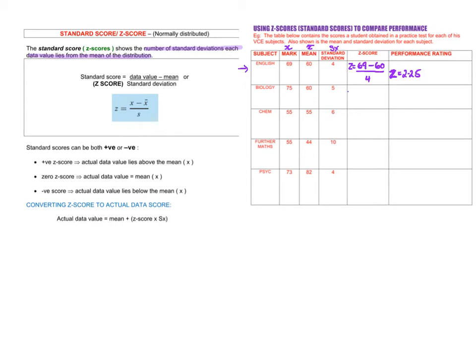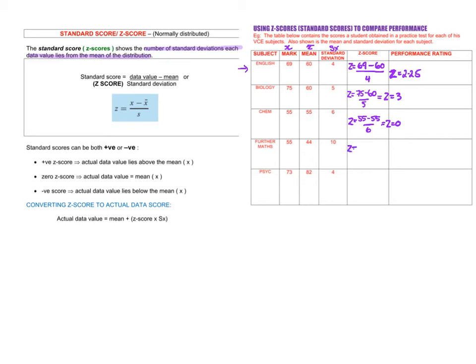So if I do the next Z-score for biology, it was 75 minus 60 divided by 5. They ended up with a Z-score of 3. The next one was 55 minus 55 over 6, which ends up a Z-score of 0. If you've got a Z-score of 0, you are sitting on the mean, and that person did get the mean score.